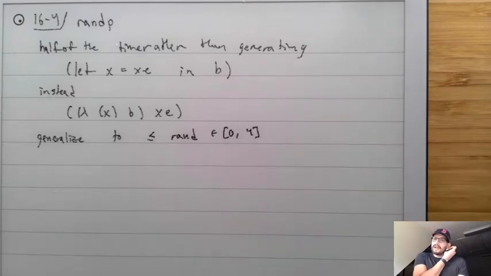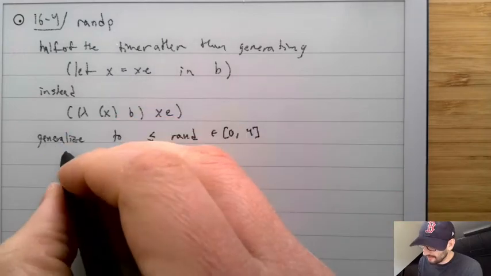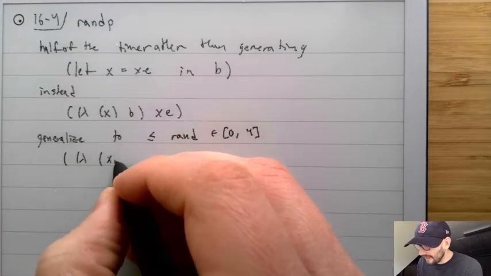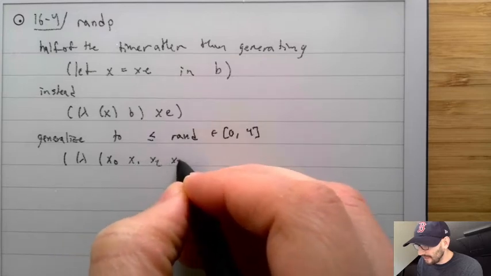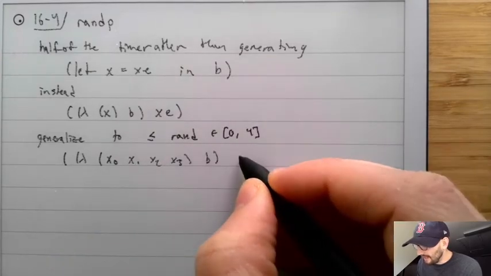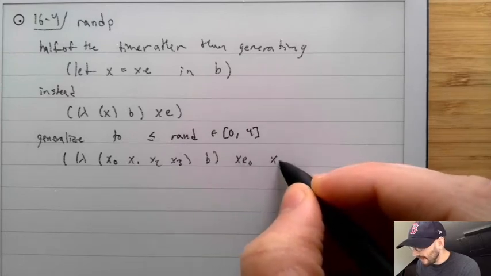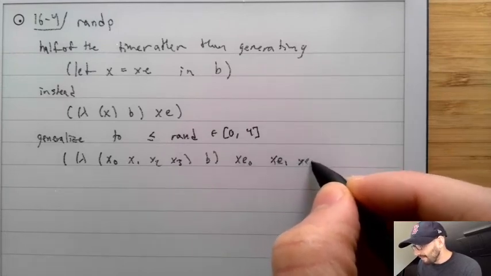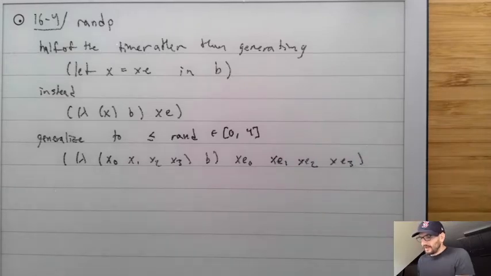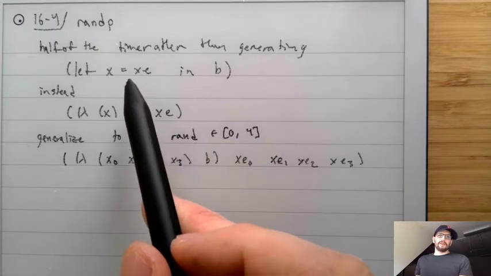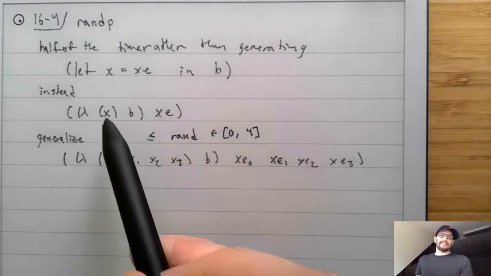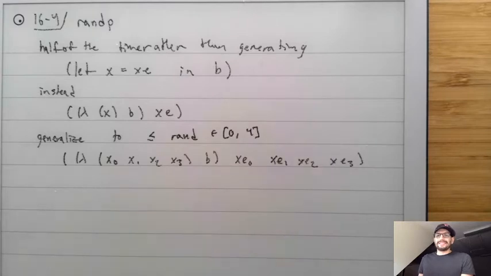A small number of random arguments, so that rather than generating a single thing, you'll generate something like lambda of x0, x1, x2, x3, and then the body, and then you'll have xe0, xe1, xe2, and xe3. So essentially what you could do is make it so that sometimes your code that introduces a new variable will instead introduce it as a lambda rather than as a let. And when it does that, it randomly picks a small number of variables to actually add. This is an easy way to do it.